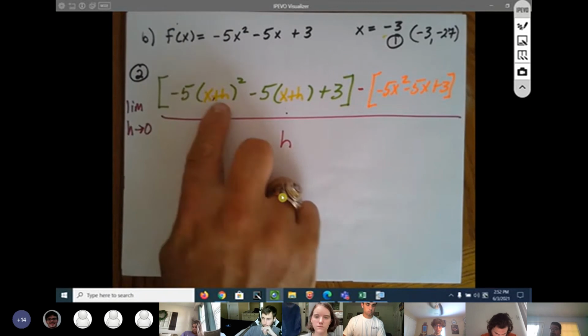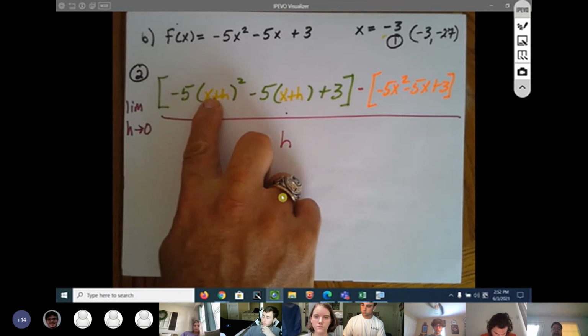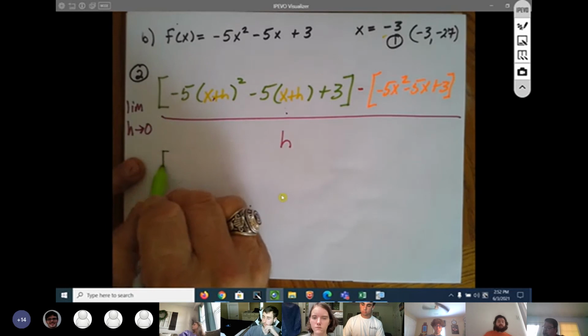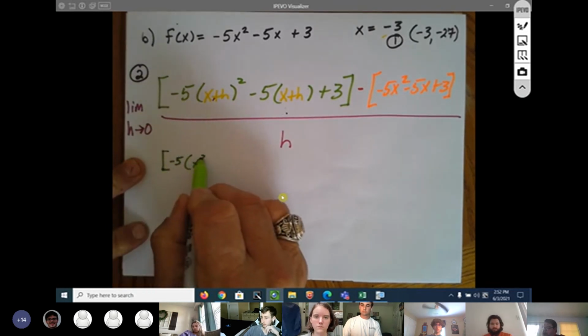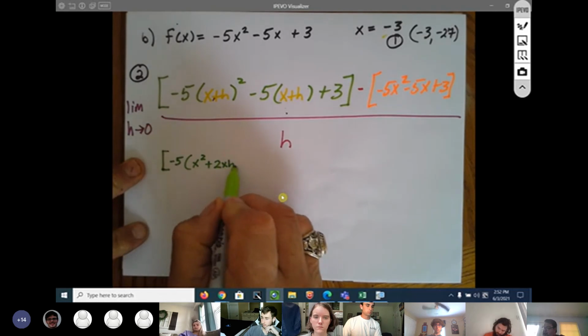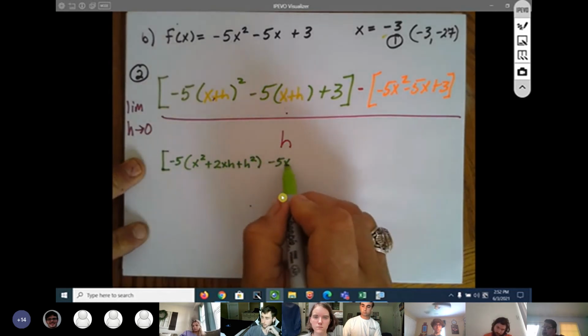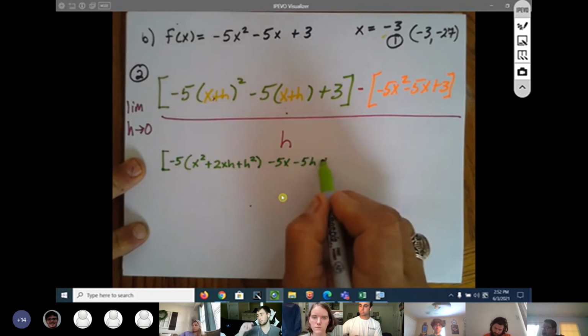All right, that's shortcut number 1 right here. Negative 5 times x squared plus 2xh plus h squared, minus 5x minus 5h plus 3.